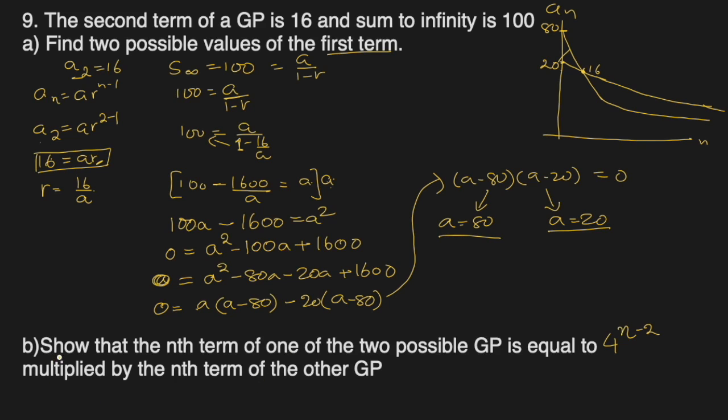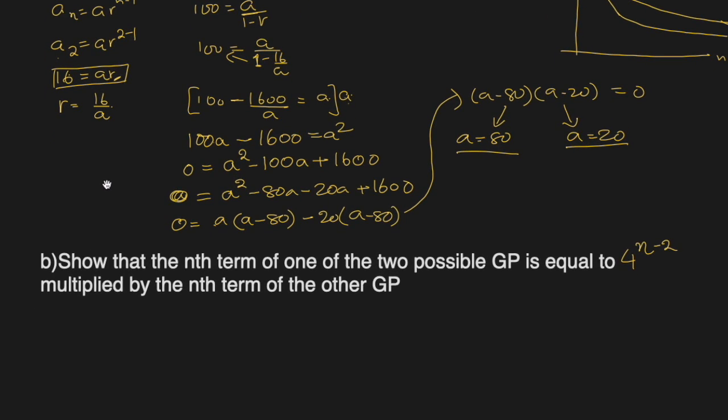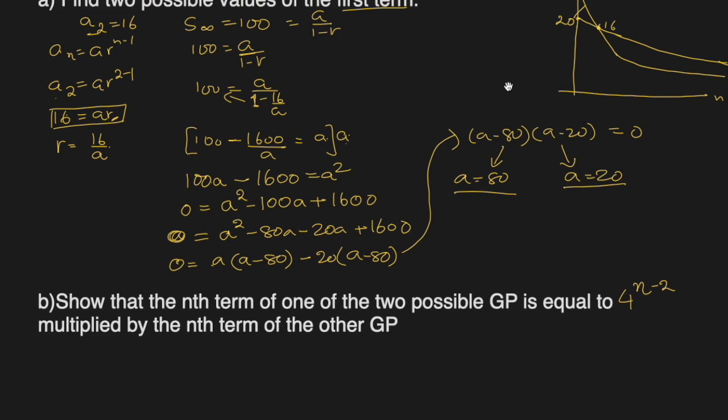Okay, B part. Show that the nth term of one of the possible GPs is equal to 4 to the power something multiplied by the nth term of the second GP. We can see that this is the second term.